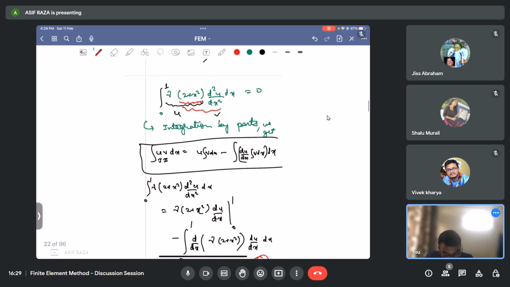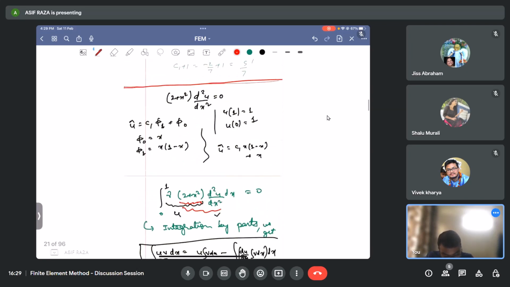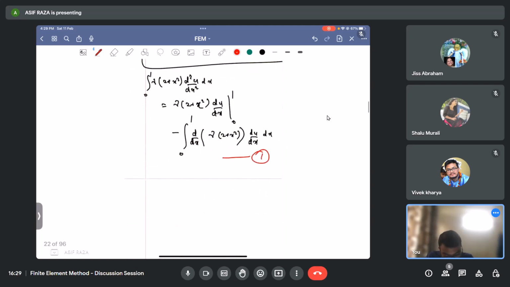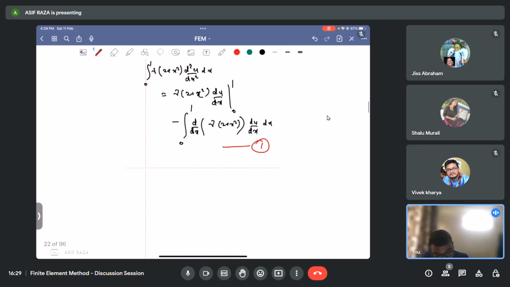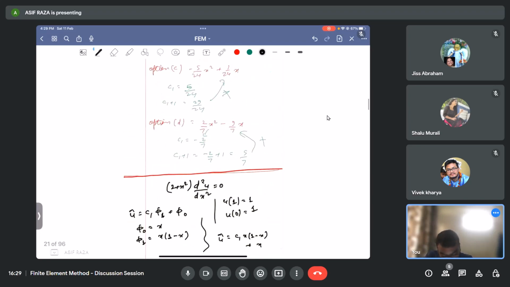Now this is what we had. No, better proceed further. I'll again write it, 2 plus x square du by dx, 0 to 1. It will be what? I better substitute gamma.